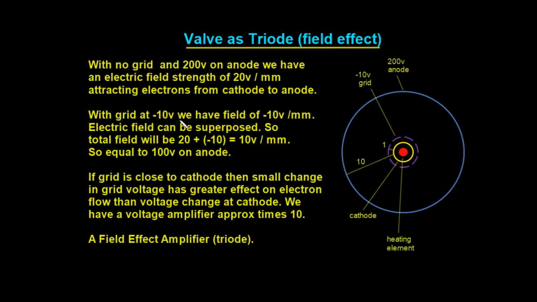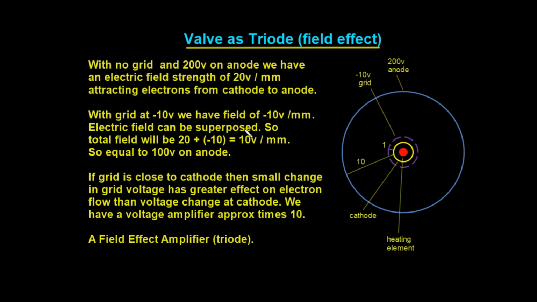So let's say we now take the grid here, which is in purple, and we now put the grid at minus 10 volts. It means that the electric field associated with the grid can be added on to the electric field associated with the anode.